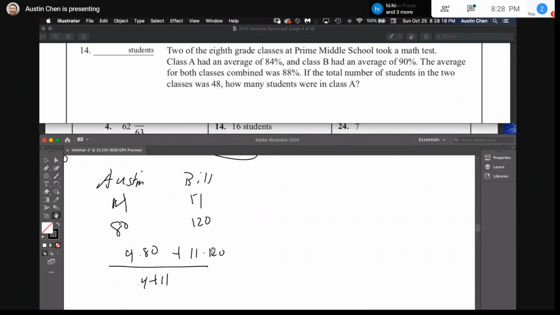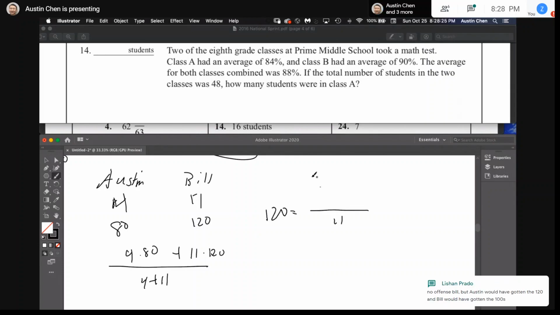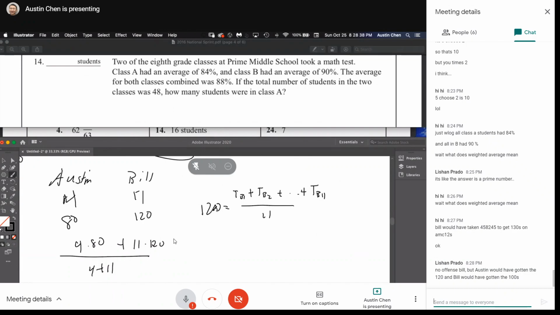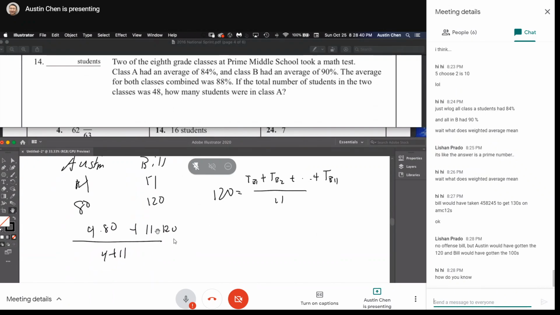Because 120 is the average of Bill's tests, 120 is going to equal the sum of his tests, TB1 plus TB2 all the way to TB11, divided by 11. So we substitute into that.